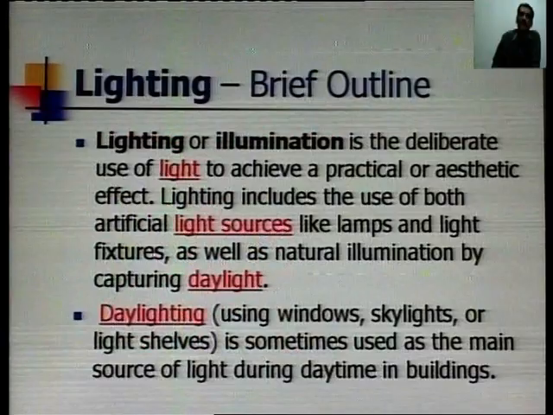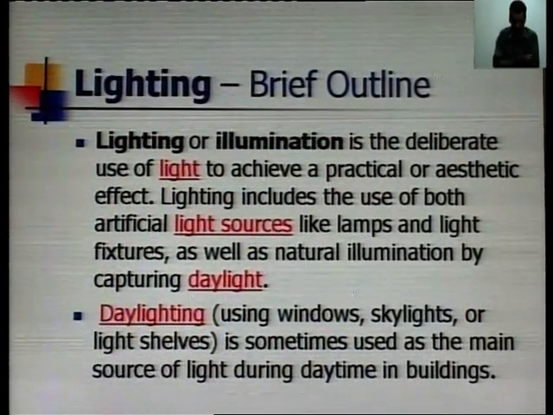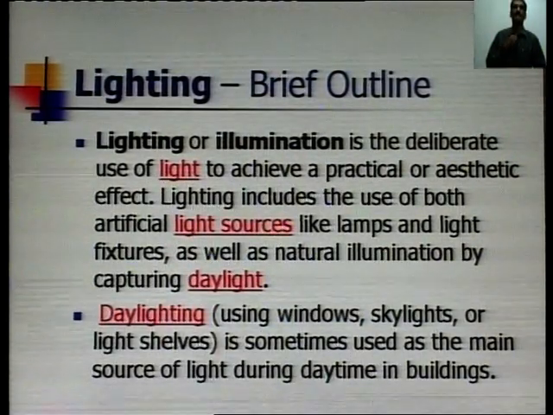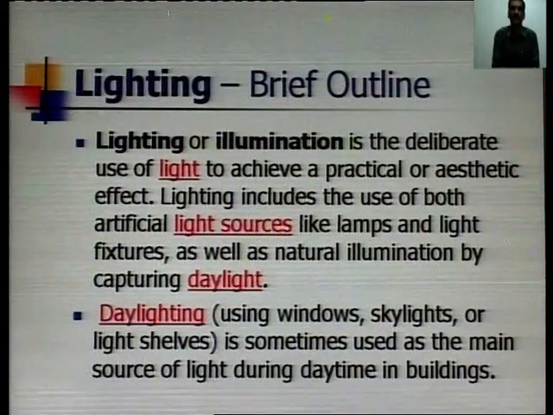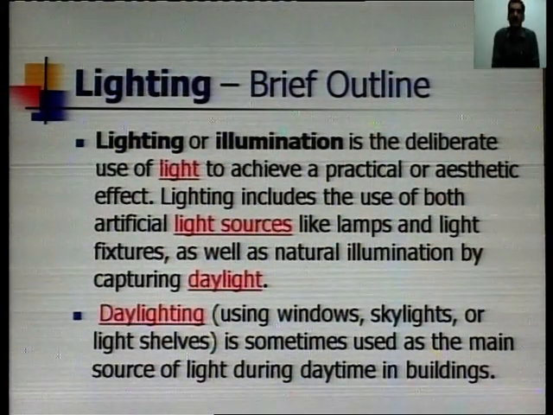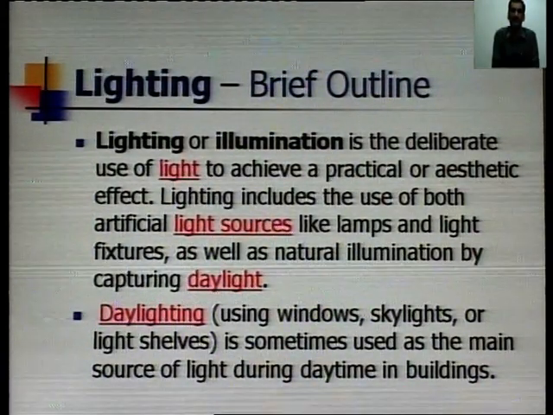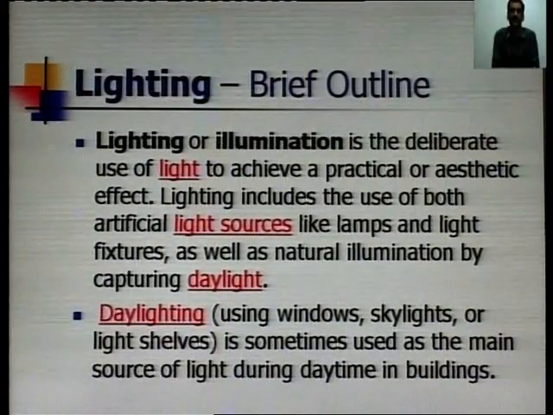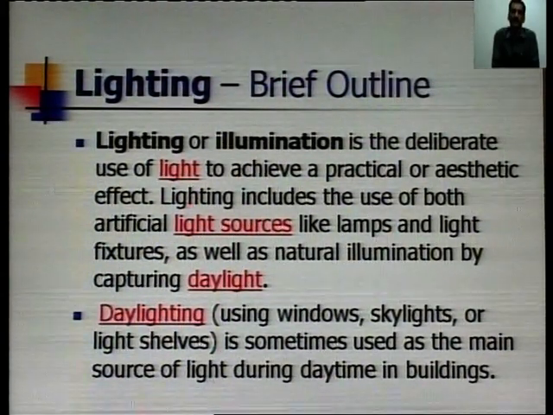So, just to begin, what is the brief outline? Lighting or illumination is the deliberate use of light to achieve a practical or aesthetic effect. Lighting includes the source of both artificial light sources like lamps and light fixtures, as well as natural illumination by capturing daylight.